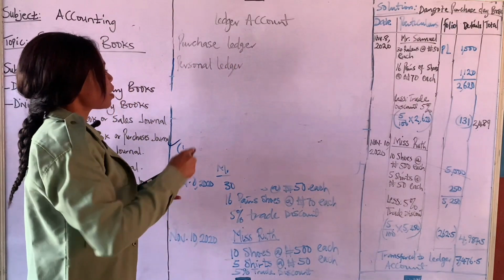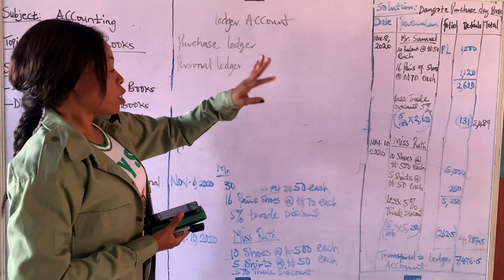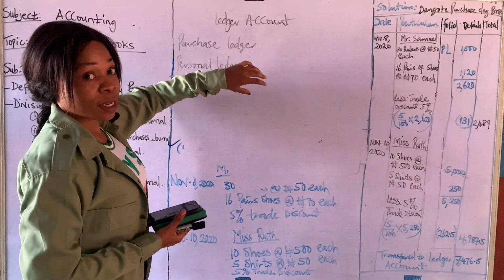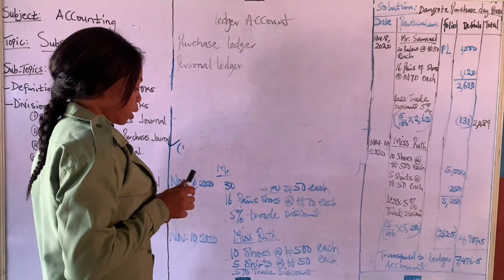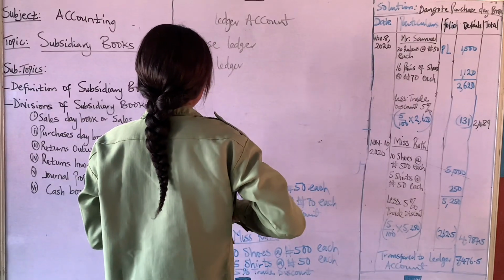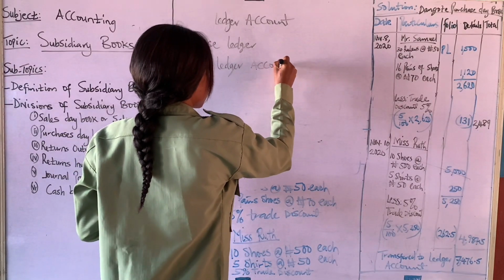Remember, under this personal ledger, it has to do with the suppliers that Dangote company make a transaction with. So that's the personal ledger account we are looking at. Don't fail to include account. These are accounts.